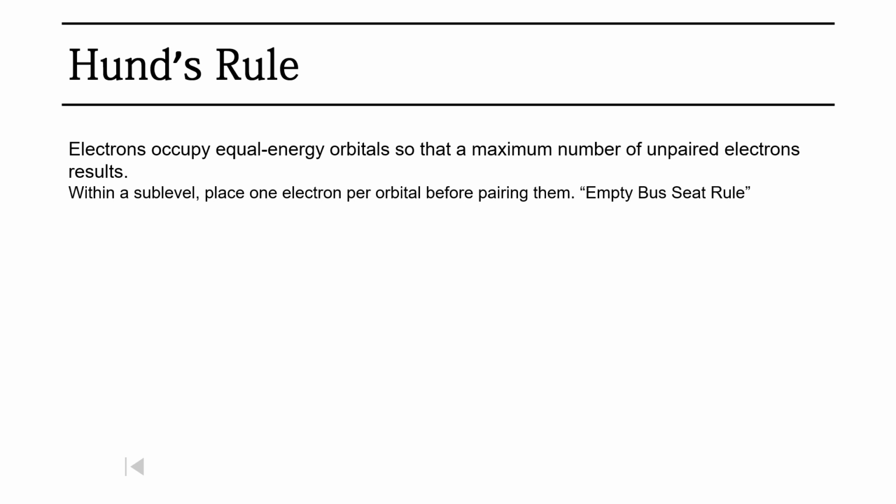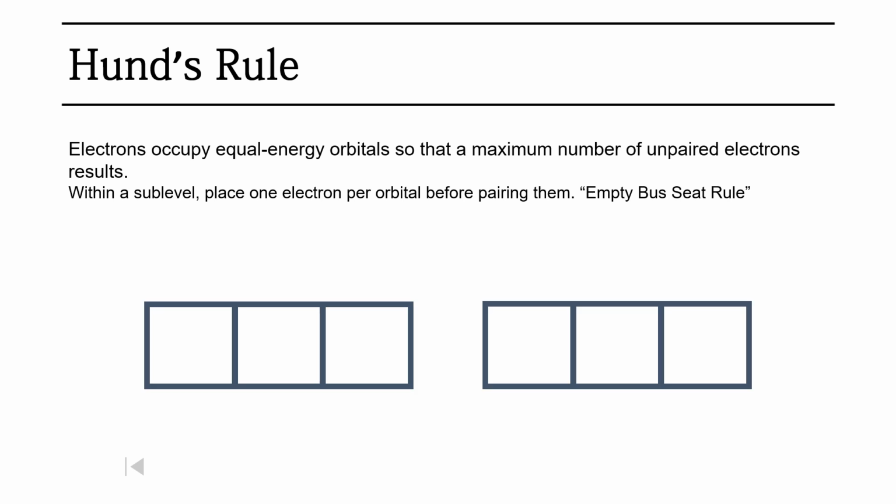Let's take this example. Consider the p orbital, which means there are three magnetic energy levels. Let's consider how electrons fill into this p, or l equals 1, energy level. One electron can exist here, the next electron in the next one, and the third, and so on. The other method is a different pattern.